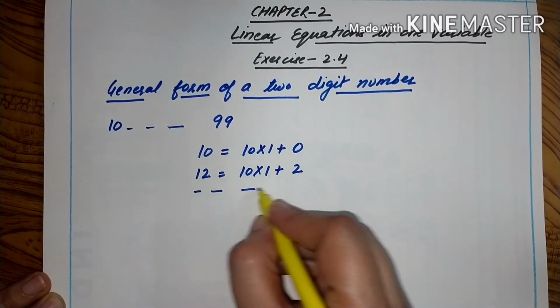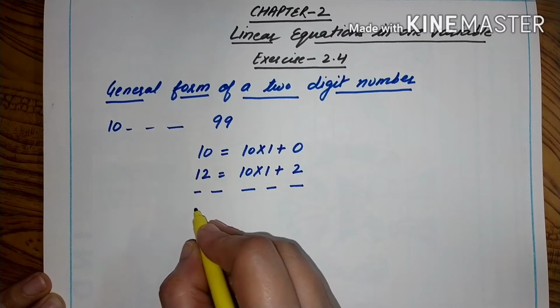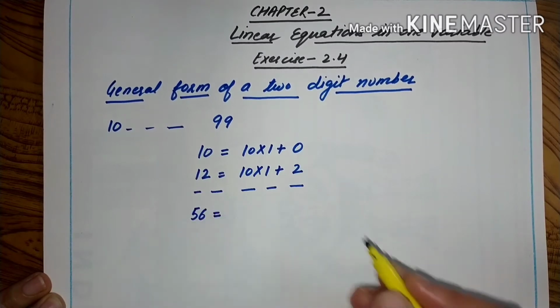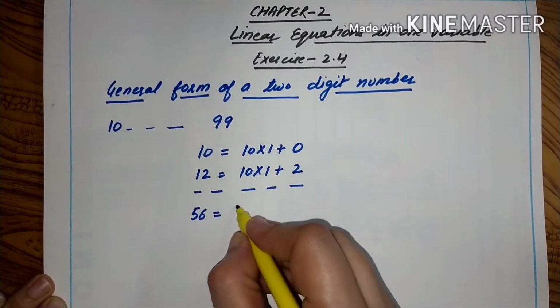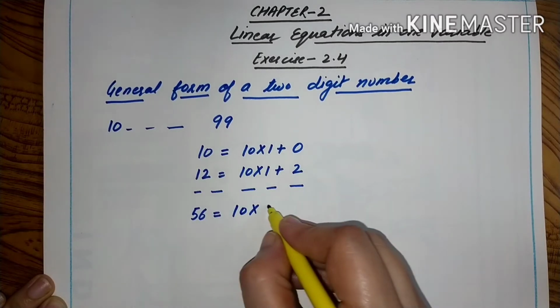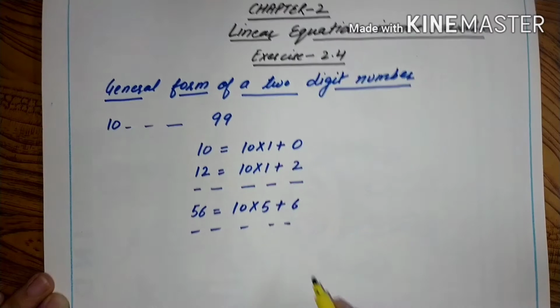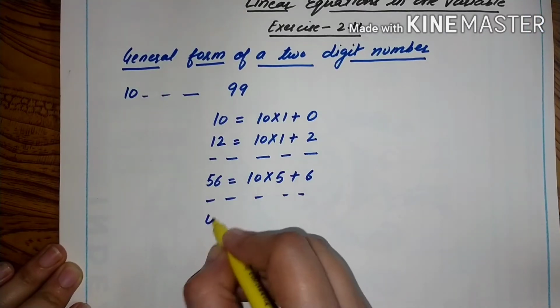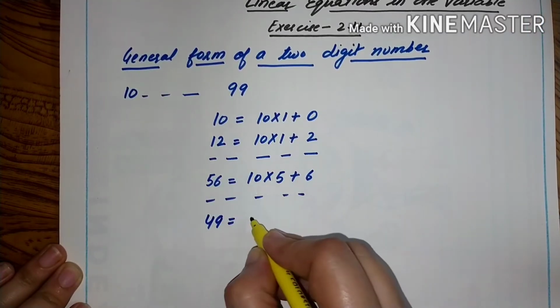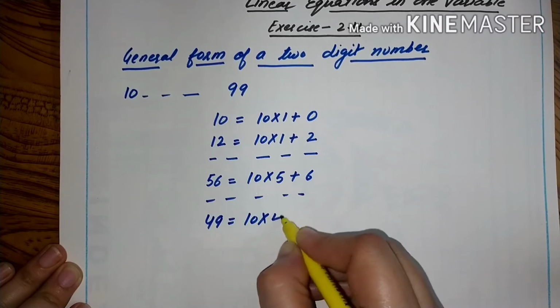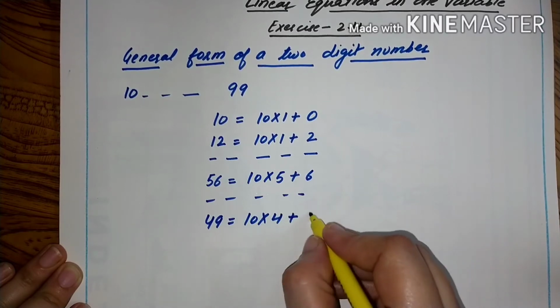We can take another example also, like 56. I can write 56 as 10 into 5 plus 6. Then take another, 49. I can write it as 10 into 4 plus 9.